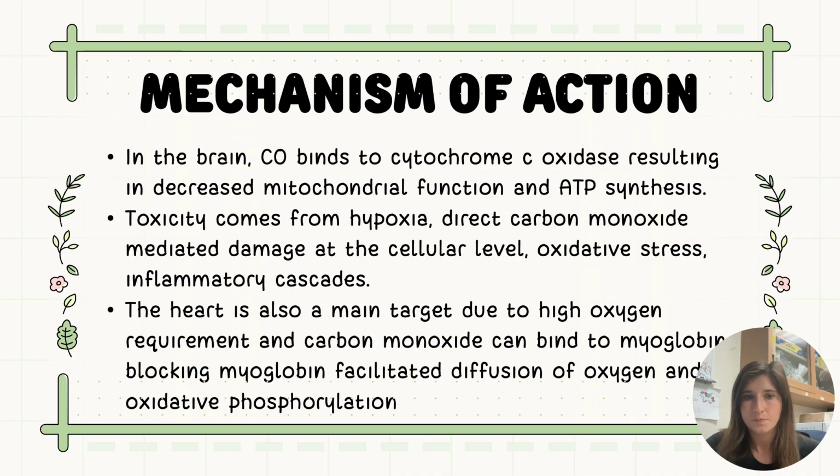Another organ that's going to be highly affected by carbon monoxide poisoning is the heart, because like the brain, it is really, really rich in oxygen requirement, and it's going to be more susceptible to an ischemic injury, which is an inadequate blood supply. So it affects things like a heart attack, right?